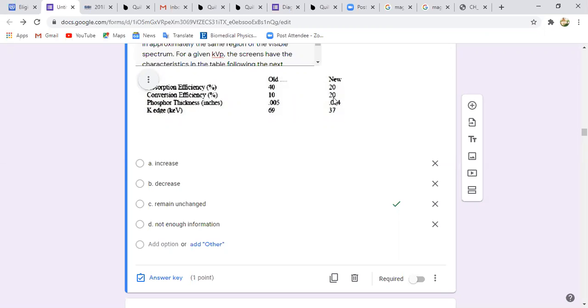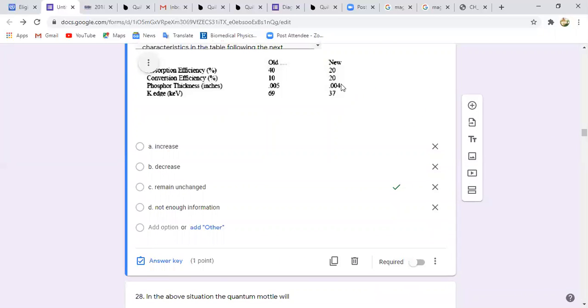So there is always a trade-off. That is why we use thinner phosphor for mammography, for better spatial resolution. So in this case, for the new one, we are going to have a lower SNR because we are using a thinner phosphor. If it decreases the SNR, it means the quantum mottle has been increased.